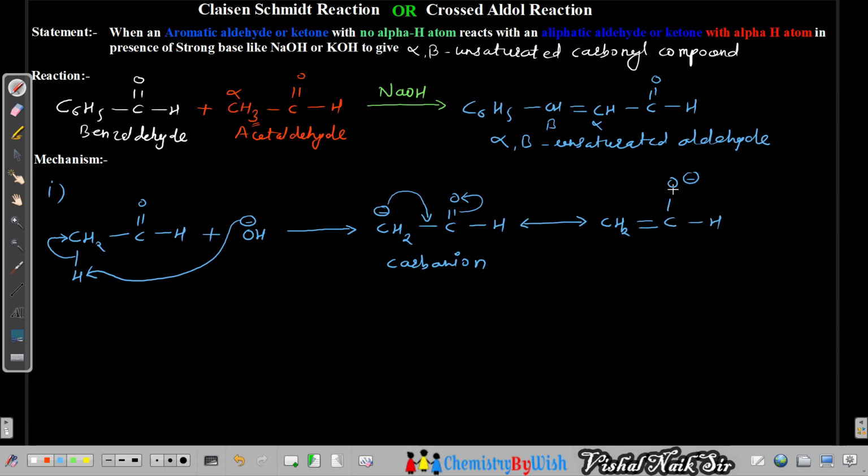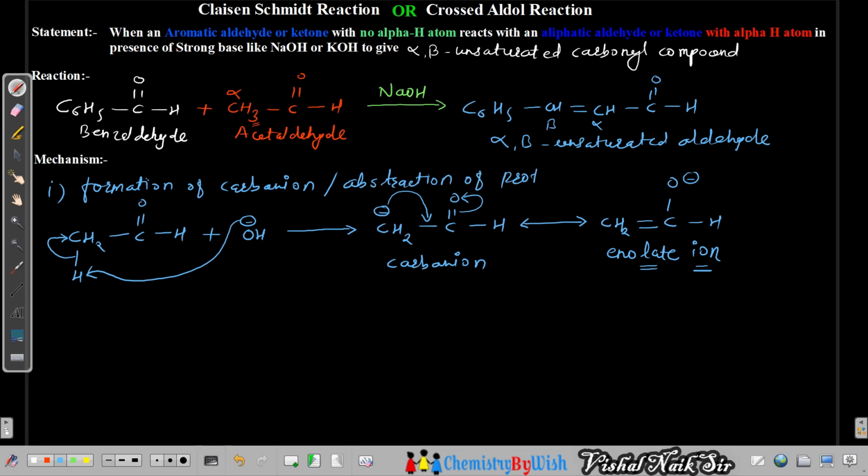Aldol condensation reaction में हमने देखा था, this product is called an enolate ion. So the first step is the formation of carbanion, or we say abstraction of proton by base.